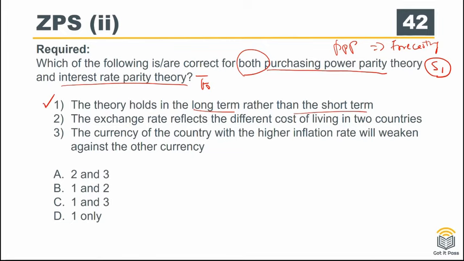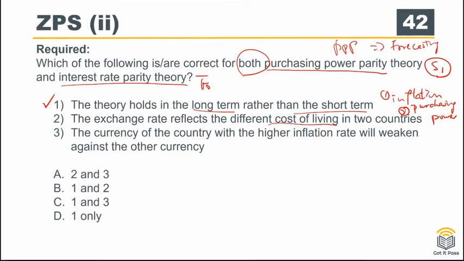The second statement is that exchange rates reflect the different cost of living in two countries. When we say the cost of living, it means, for example, inflation or purchasing power, but we don't mention any interest rate part here.